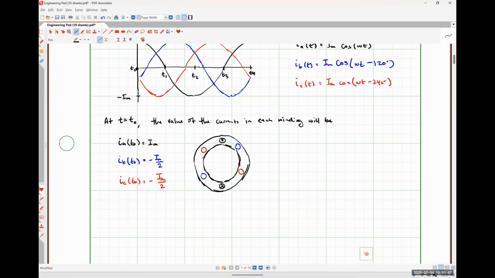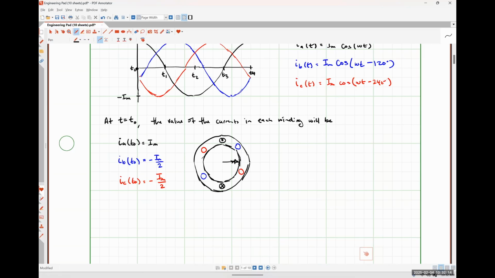And so what I'm going to see if I use my right-hand rule here is essentially I'm treating my current as if it's flowing around in a coil like this. My thumb is giving me my direction of my magnetic field. And so it should be literally just perpendicular to this guy. So this is B for my A phase. I'll draw this arrow a little bit shorter so that hopefully we can see that's B for the A phase.